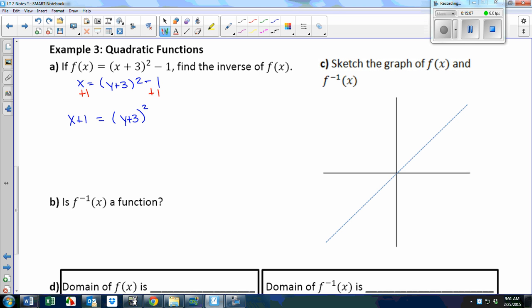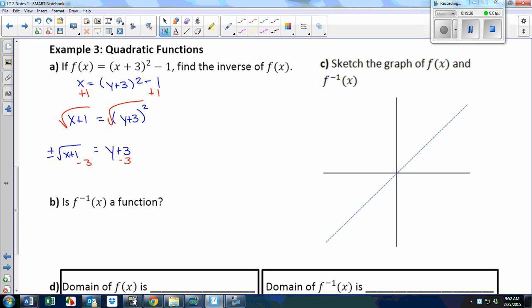So how do you get rid of that squared part? You take the square root of both sides. The y plus 3 comes out, and when you take the square root, you have a positive and a negative option that would have made that perfect square. And then the final step, subtract the 3.